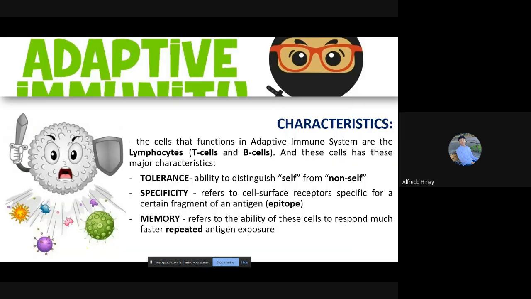Okay? Next, you have your memory. Okay? Refers to the ability of the cell to respond much faster. Okay? If there is a repeated antigen exposure. Okay? So, matingala mo ba na, ala sir, bakit sa Streptococcus pyogenes, our body does not produce a memory with Streptococcus pyogenes.